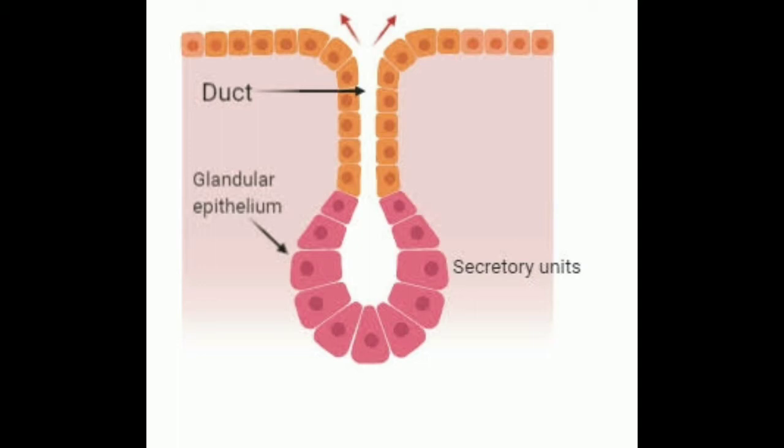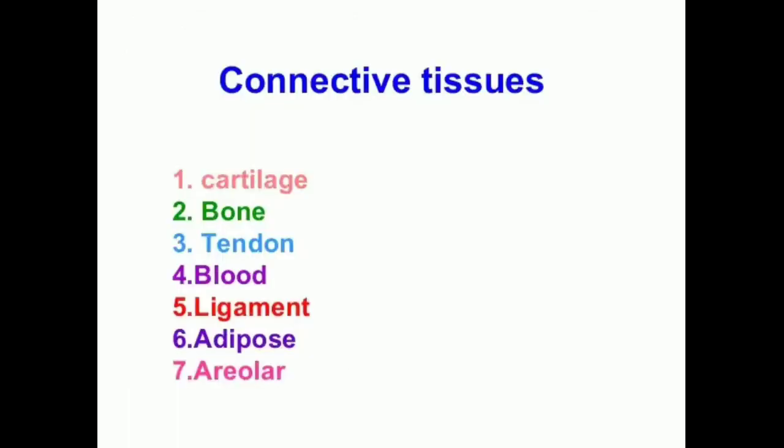Next we will look at the connective tissue. From the word itself you can understand that it will connect something, right? So connective tissue means connecting two different tissues or more than two tissues.